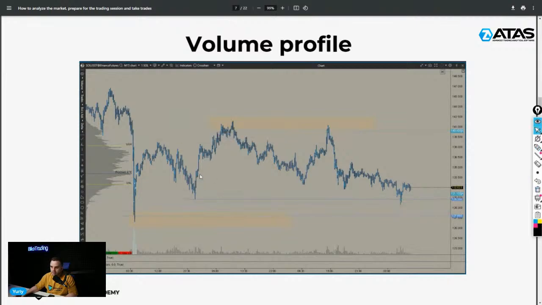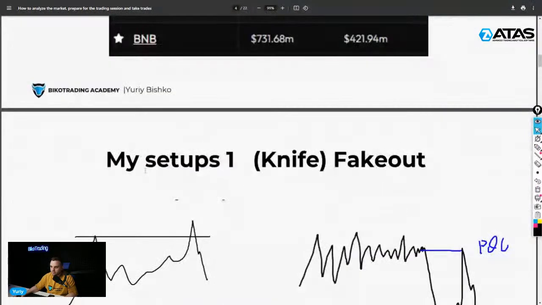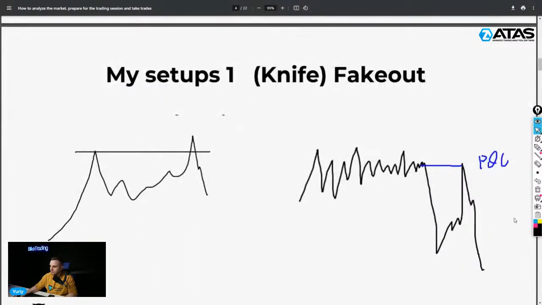Especially if I look for trades like this one, fakeouts from value. The logic here is super simple. I wait while some clear value establishes, and if price reaches value area high or value area low, we would look for entries inside this range for continuation of this range.